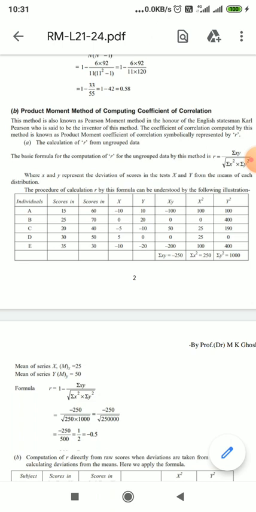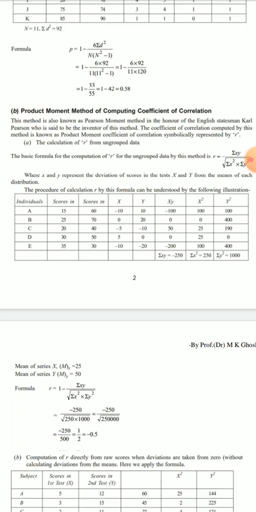So, for the calculation of small r from ungrouped data, the basic formula by this method is r is equal to summation of xy divided by the root over summation of x square multiplied by summation of y square, where x and y represent the deviation of a score in the tests, capital X and capital Y, from the means of each distribution.